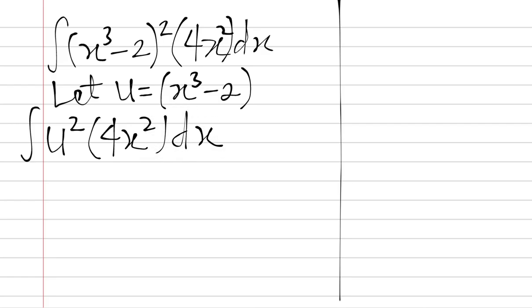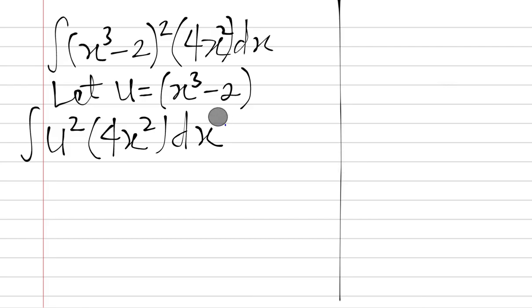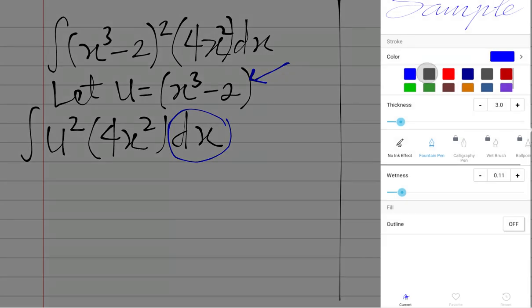Now your main aim is that you want to remove this dx from the equation. And how will you remove dx from the equation? It is by differentiating your u. If you differentiate your u, you will be able to remove dx from the equation. So let's differentiate our u.